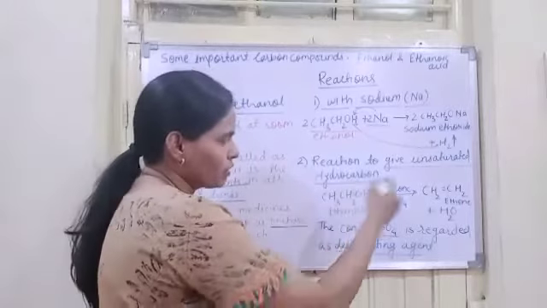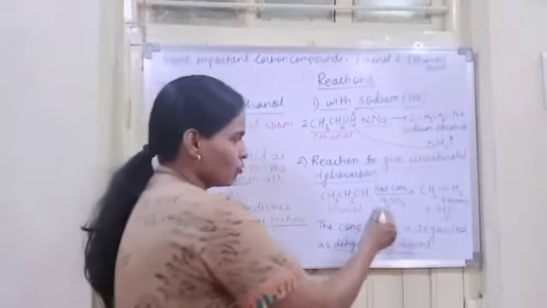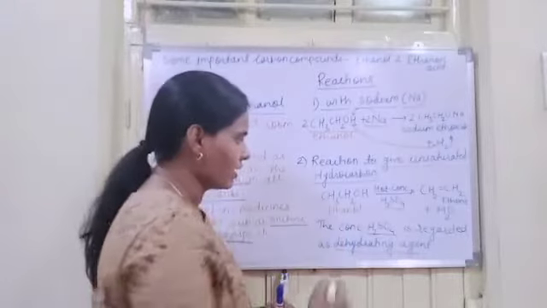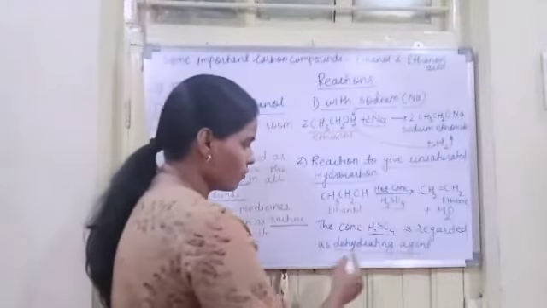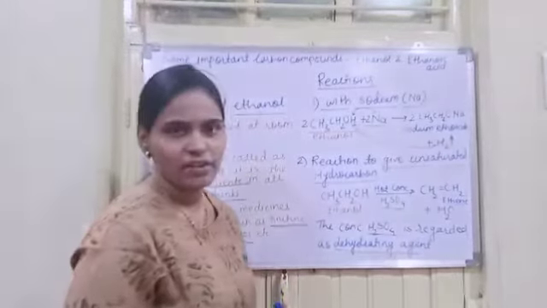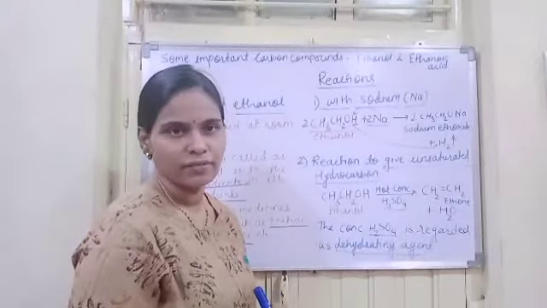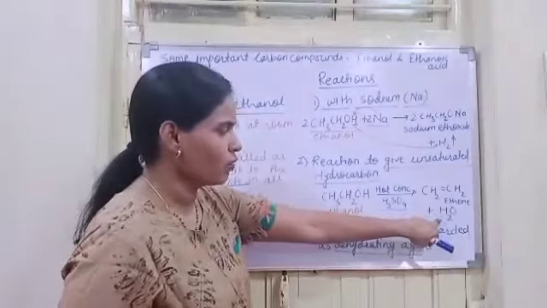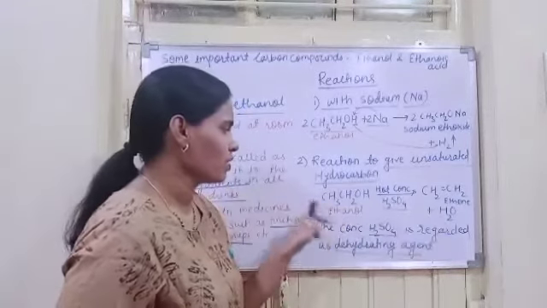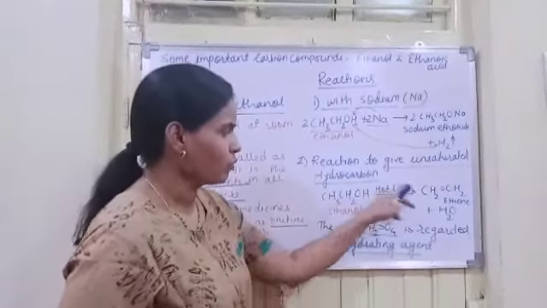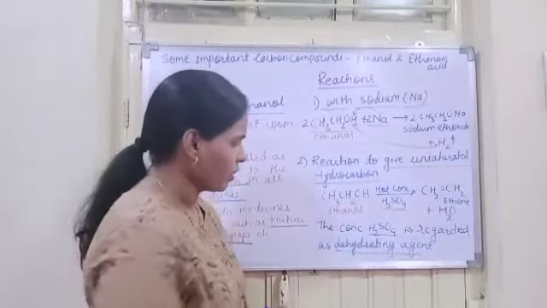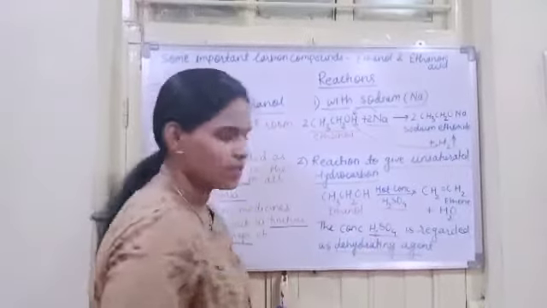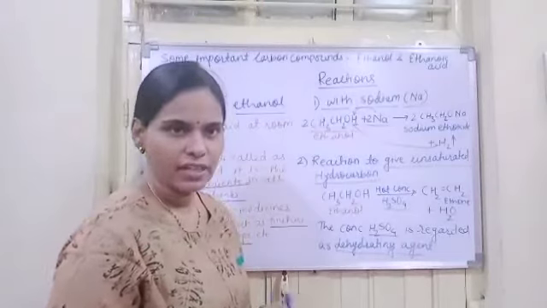So your water molecule is getting removed because of this sulfuric acid, and that's why this hot concentrated sulfuric acid is known as a dehydrating agent, which removes the water molecule from ethanol.